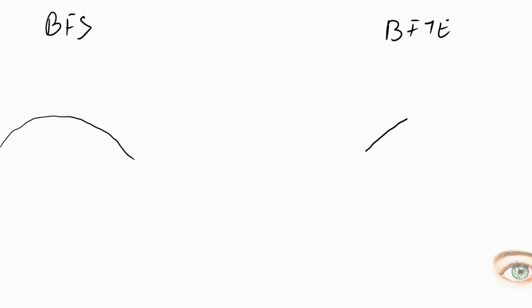There is a reference, same as in the tangential and axial ones, we have a reference surface. In BFS, it is actually a total sphere, and in BFTE, as I've told you before, the surface is going to be a little oval, which means that it is going to be less flat in the periphery. So this is the reference line, and this is the cornea of the patient.